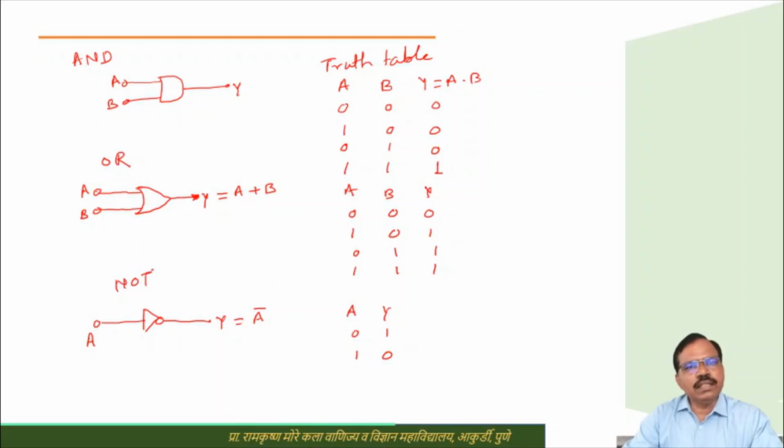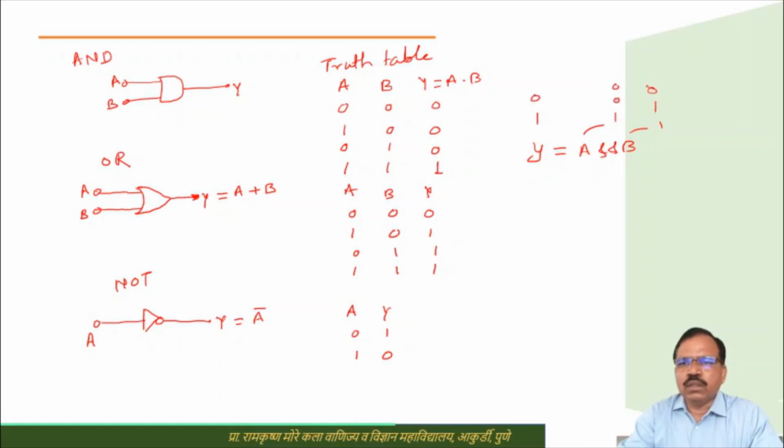And we have three logical operators in C programming. In C programming, I can write Y is equal to A AND B. When both A and B are 1, Y is 1. If one of them is 0, Y is 0.